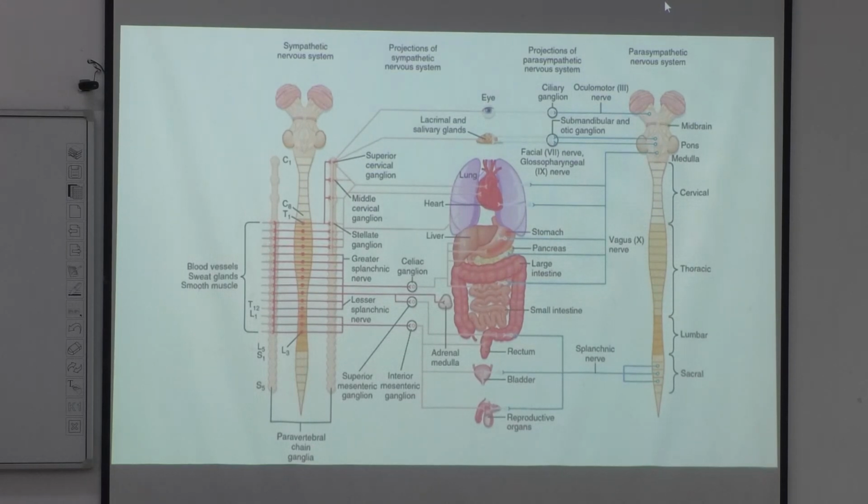The effector organs in the autonomic nervous system are the viscera and the glands. Take any organ, see the heart, see the lungs. On the left side this is the sympathetic nervous system, and on the right side the parasympathetic nervous system. The diagram looks complex in the beginning, but it is not so complex if you understand.